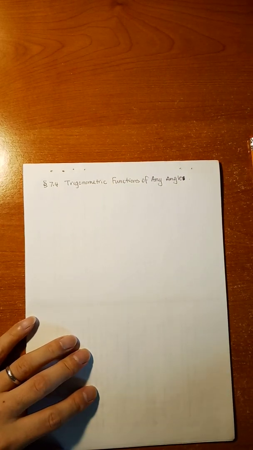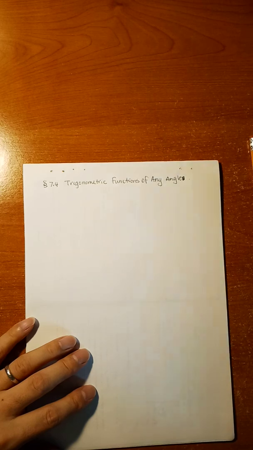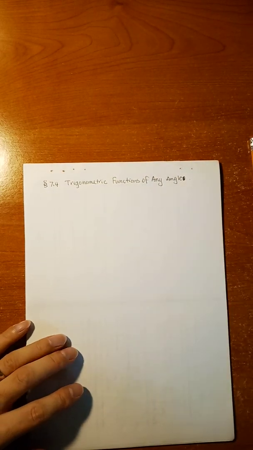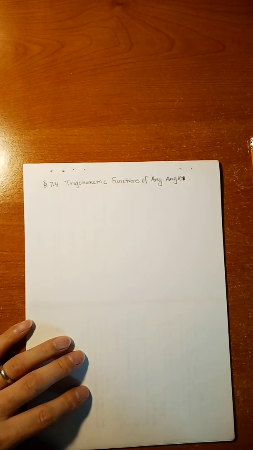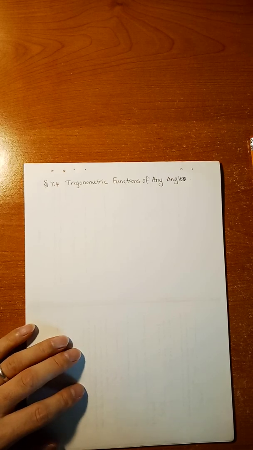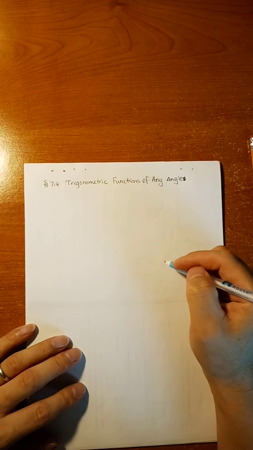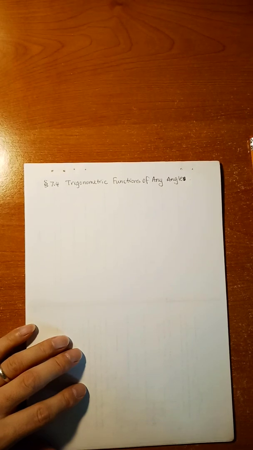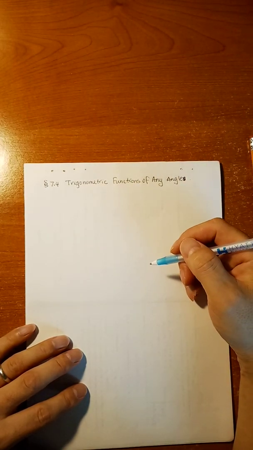So in the last section, in Section 7.2, we defined the trigonometric functions for acute angles, because an acute angle is an angle in the right triangle, right? In the right triangle, you have opposite, adjacent, hypotenuse.